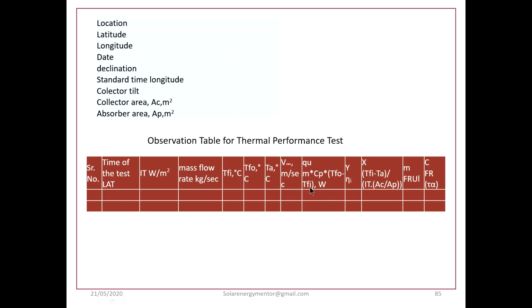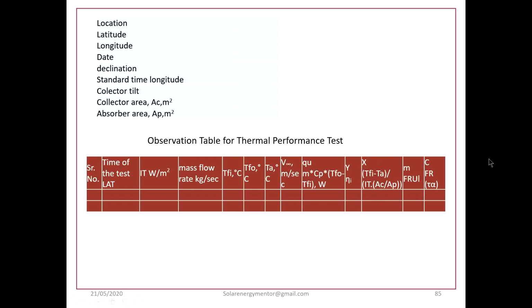So efficiency eta I can be calculated here, and another parameter, (TFI minus TA) divided by IT, into bracket AC upon AP. This parameter has to be evaluated. We will see why this parameter is needed on the next page.